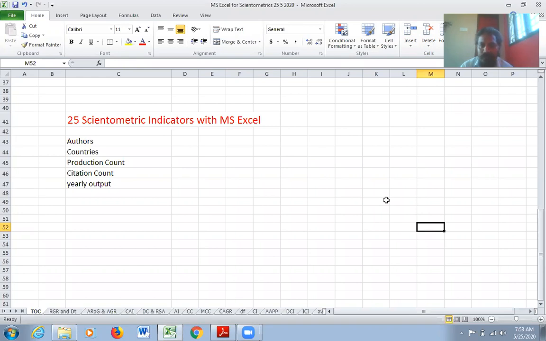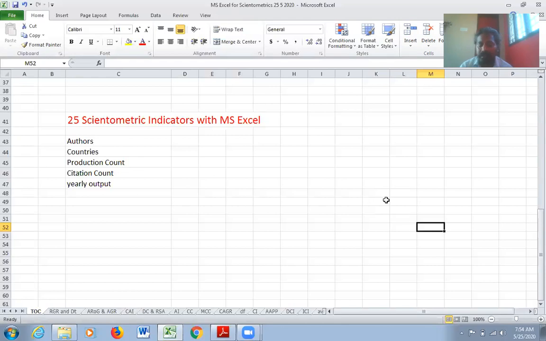I try to give a formula for all these scientific indicators so that when we share this Excel sheet with you, if you just have the relevant data, you can fit it into these formulae and get immediate answers to all those indicators. So this presentation will help you to prepare a minimum of 25 tables for your research paper, your thesis work, your MPhil work or your PG project work.